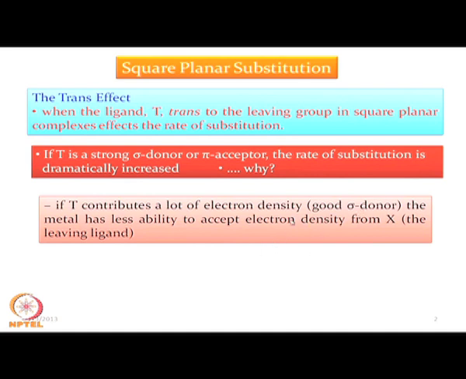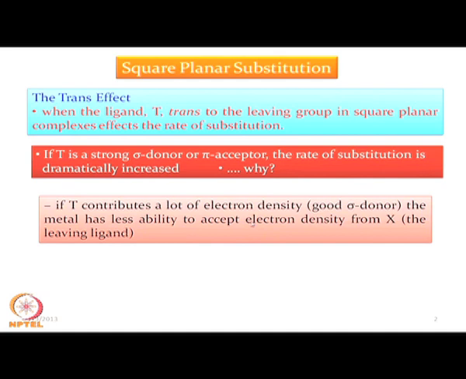So, if we simply compare the sigma donor ability of this ligand which is trans to the leaving group, the metal will have less ability to accept electron density from X. That means X is leaving the metal environment. There will be some competition between the sharing of electron density by the metal center with T and X. So, if T and X are in the same linear line, that means they are trans to each other, then T is maximally providing electron density to the metal center.